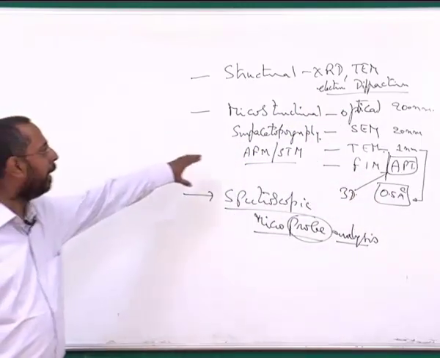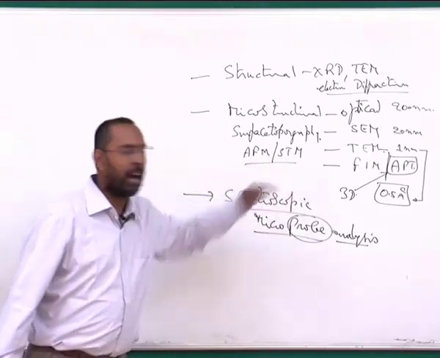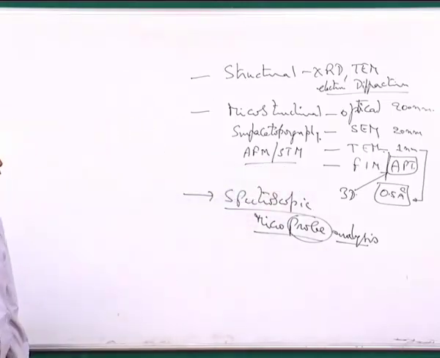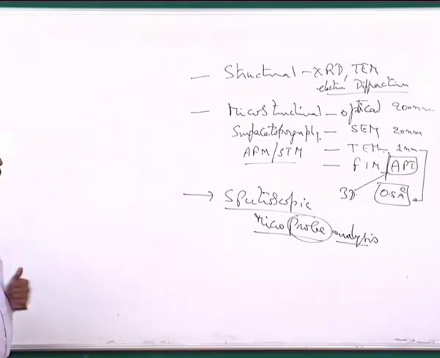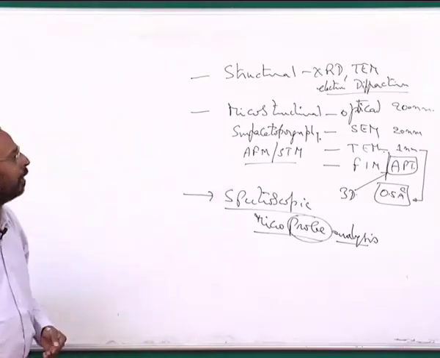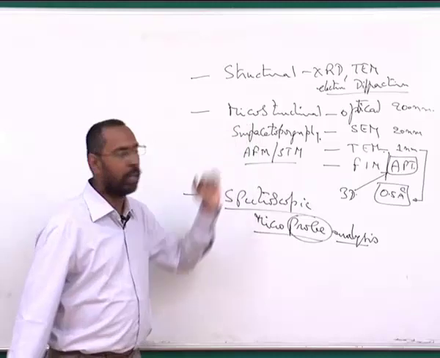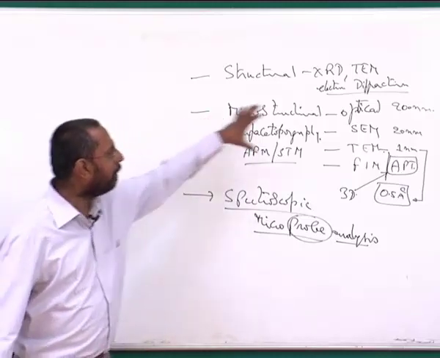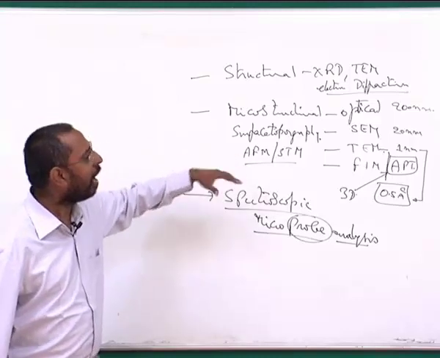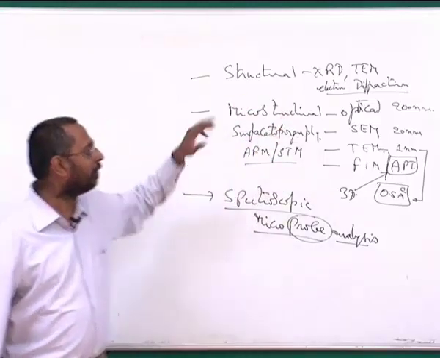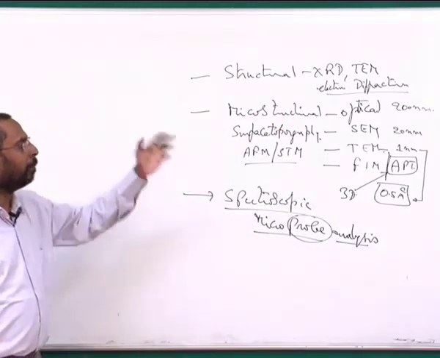So here you actually are not using a smaller lambda to be able to see the atomic resolution, but using the forces between a particular probe and the surface of a sample, and from that you are able to get information. So these are all various microstructural tools, whether they are on the surface or the interior of the sample. Both of them can be covered by these techniques.